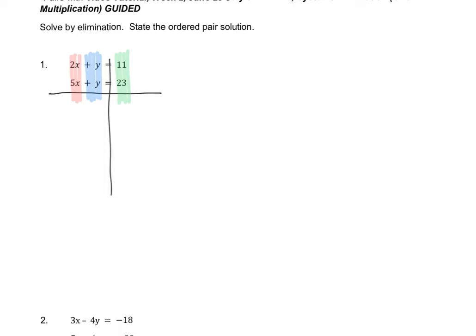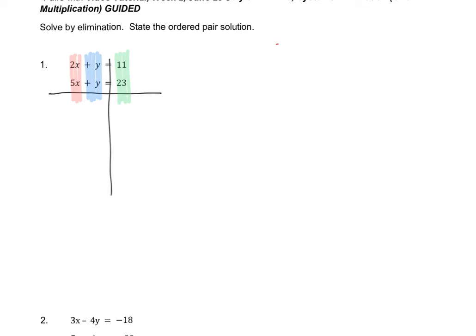Well, we multiply it by a negative 1. And the only number we can multiply something by without changing the value of it is 1.